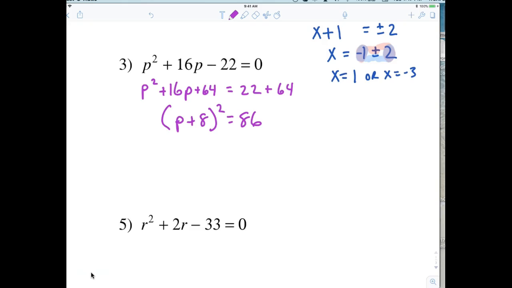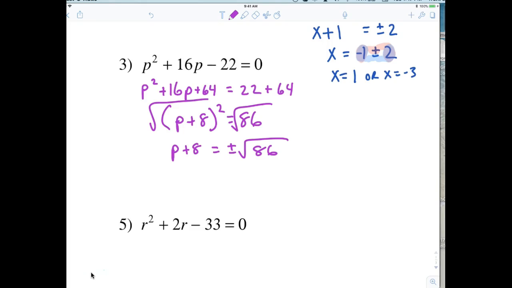Now you take the square root. p plus 8 equals what? What does p plus 8 equal? Plus or minus the square root of 86.